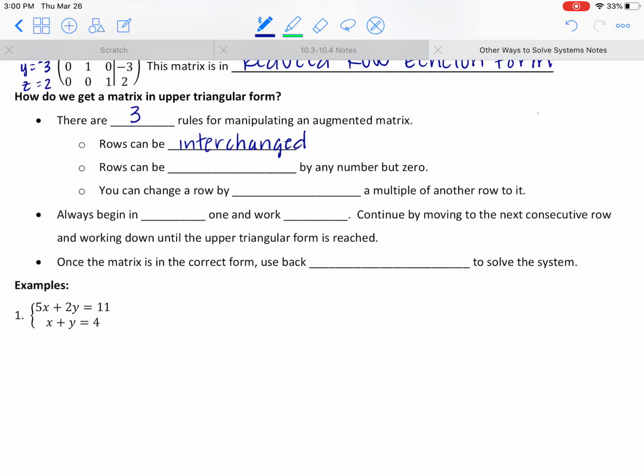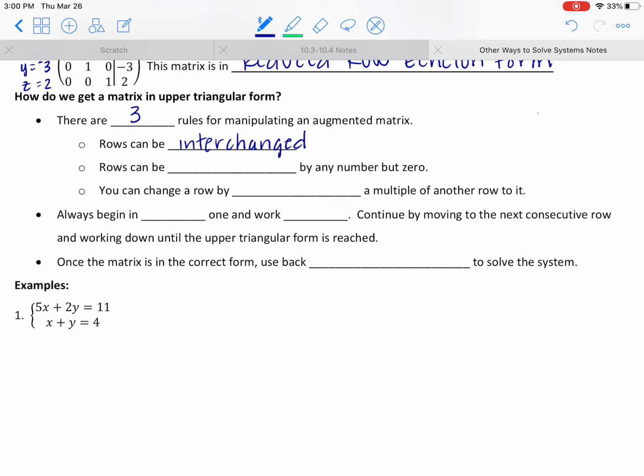So I can just take the first equation and write it second, and take the second equation and write it first. Or in a matrix, I can take the first row and write it second, or take the second row and write it first. I can just move rows around. As long as all the coefficients and constants move together, it'd be the same thing as just swapping equations around, okay? Now, if we're going to use that, it won't be used often. That rule would always be used in a first step, okay?